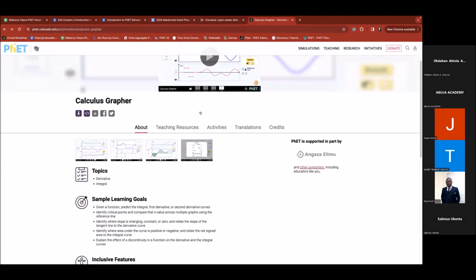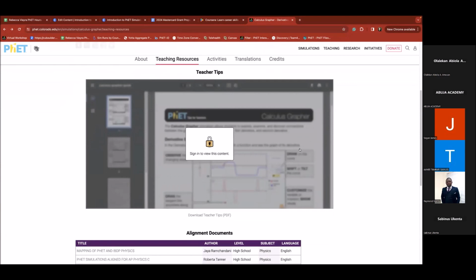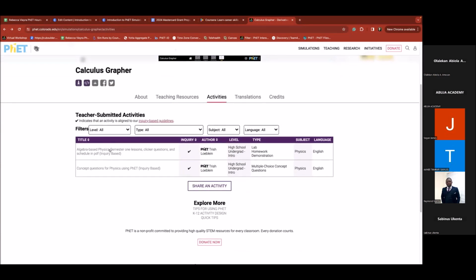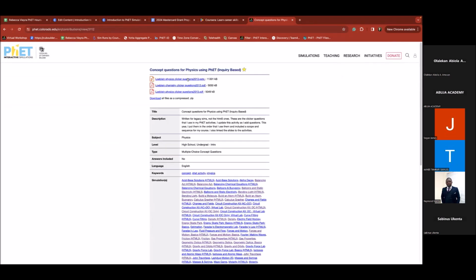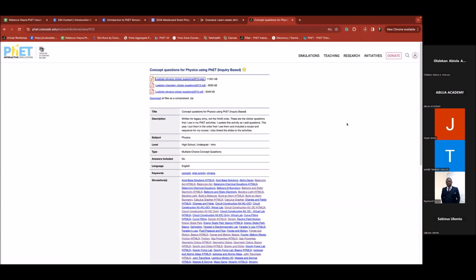The one reason why you might want a teacher account is because perhaps you want to see teaching resources like teacher tips or activities. So you see here, there are some activities that teachers can create or can use, but it requires you to log in. And we do that because we don't want students to be seeing teacher plans and things like that. But that's really all that you can do with the teacher account.